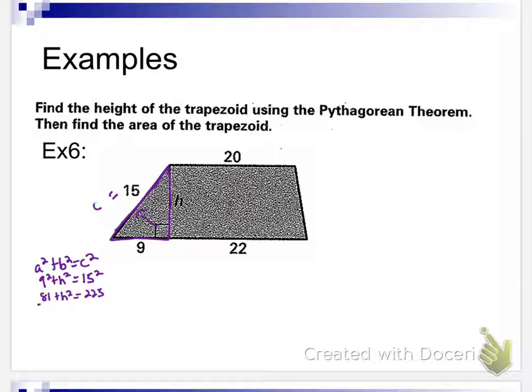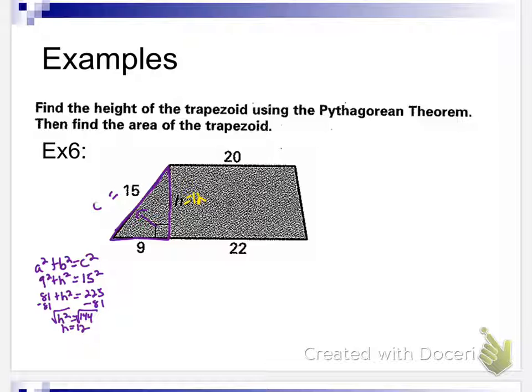We're going to subtract over 81. Okay, so let me look at my calculator. I get 225 minus 81. That gives me h squared equals 144. To get our answer, we got to square root both sides. H equals 12. So I know, based on the Pythagorean theorem, that this height is 12.